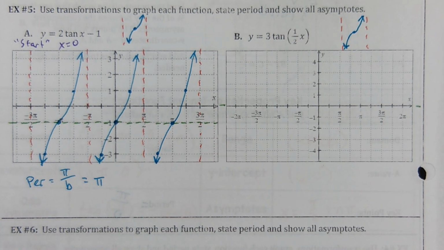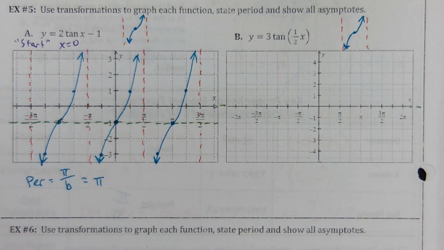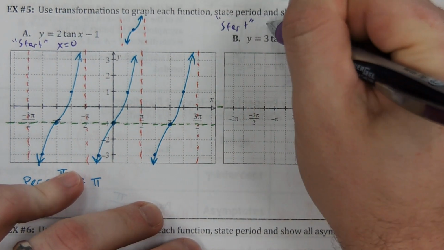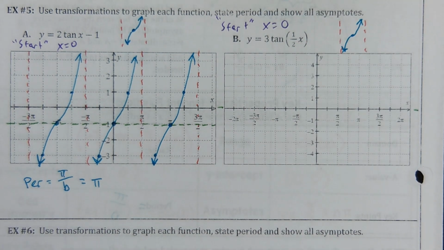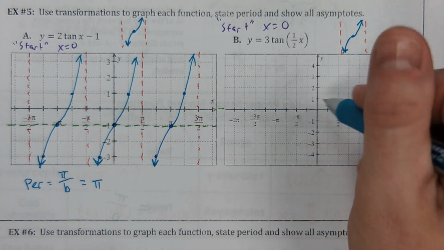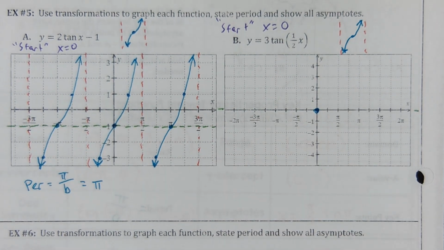No phase shifting, so we start at x equals 0. There's that line of inflection points starting at x equals 0, so we have an inflection point right there.